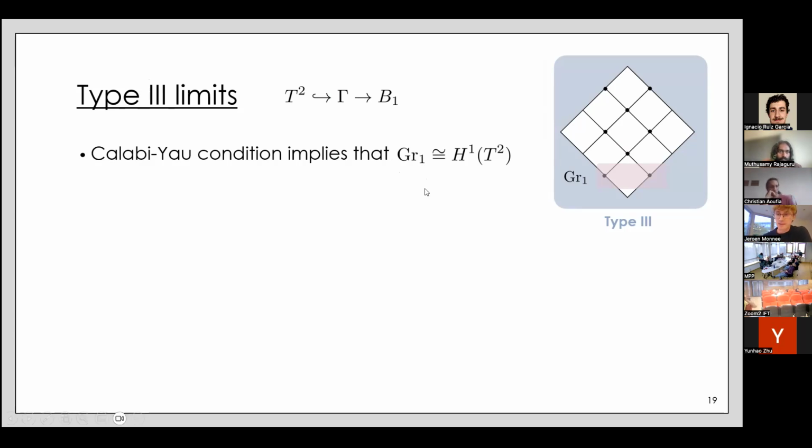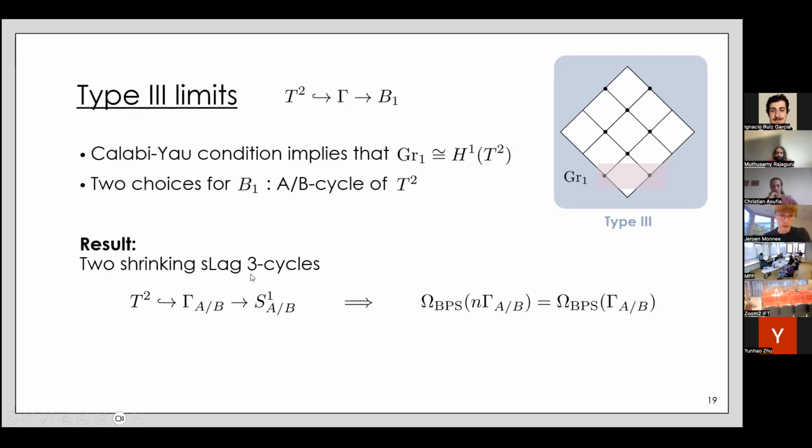And then we claim that essentially the only option is that it is the cohomology of a T^2, okay? And that this B_1 hence has to be a one-cycle inside this T^2, for which you have two options, either the A cycle or the B cycle. So you have two options for what the base of this torus fibration is.